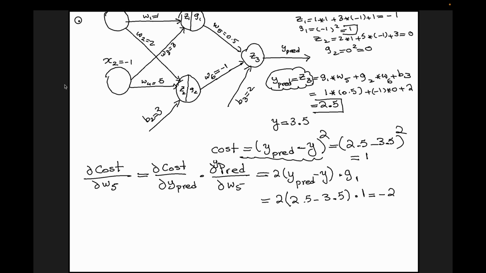So we write W5 new, or let's say updated, is equal to our old W5 minus eta, the learning rate, times this partial derivative.